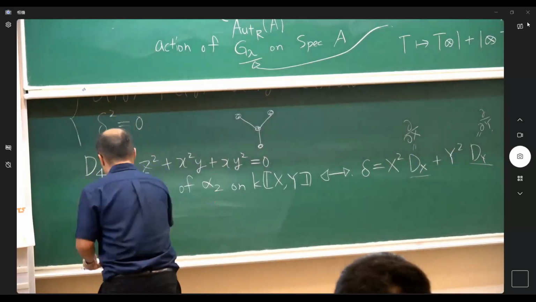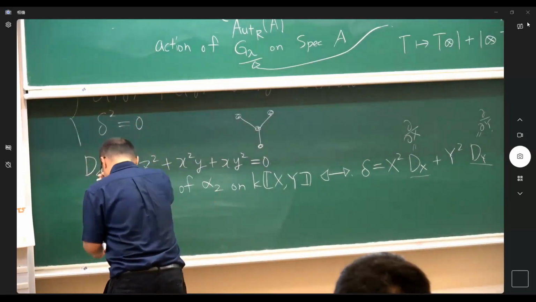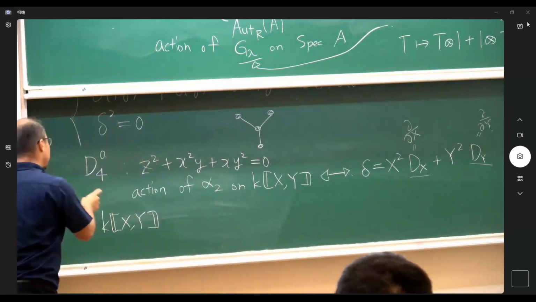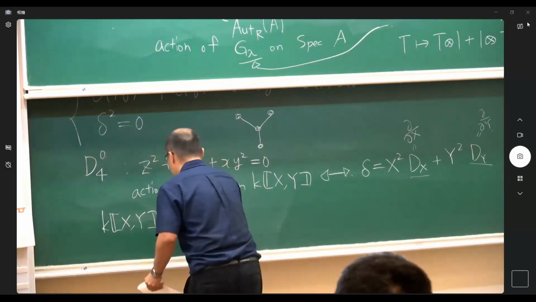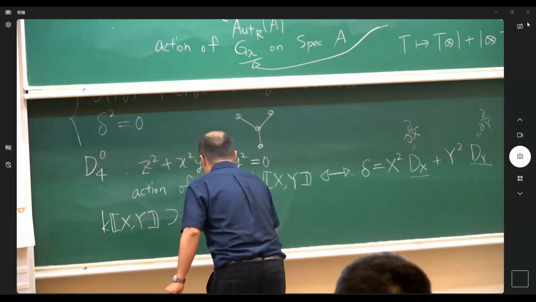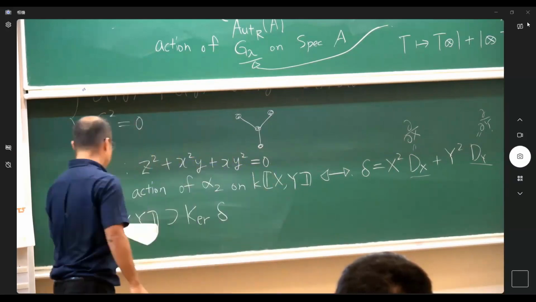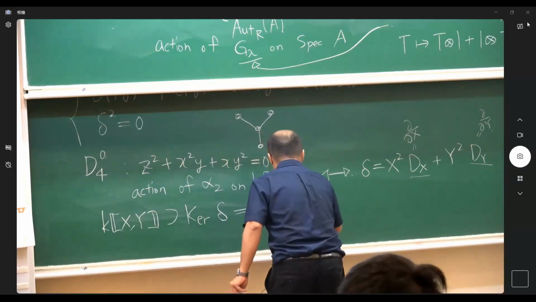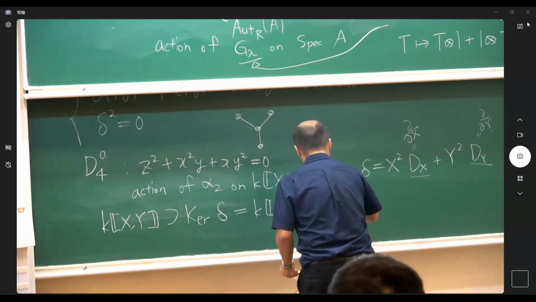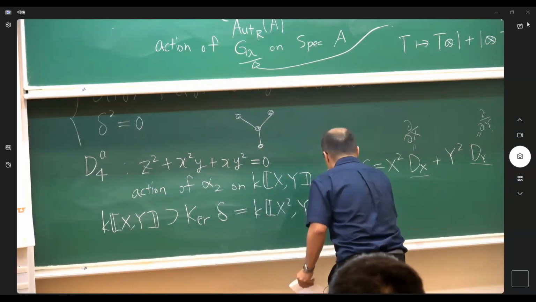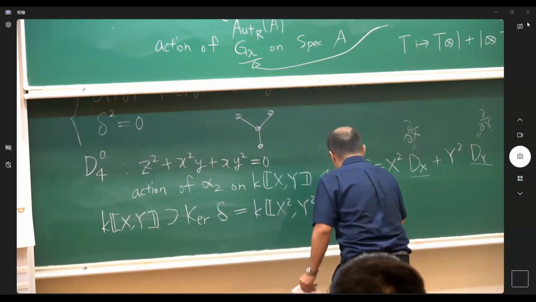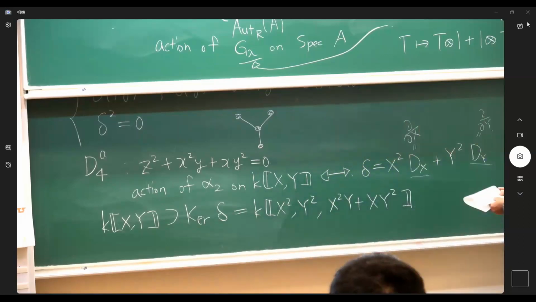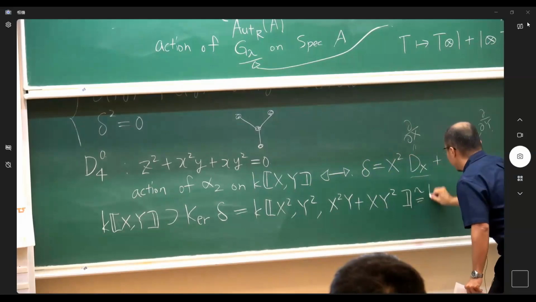In this case, the quotient singularity is also given by the invariant ring, and the invariant ring is given by the kernel of this derivation, and this kernel has a very simple form, this is isomorphic. Okay.